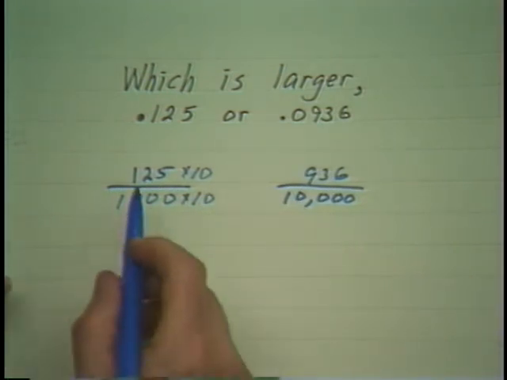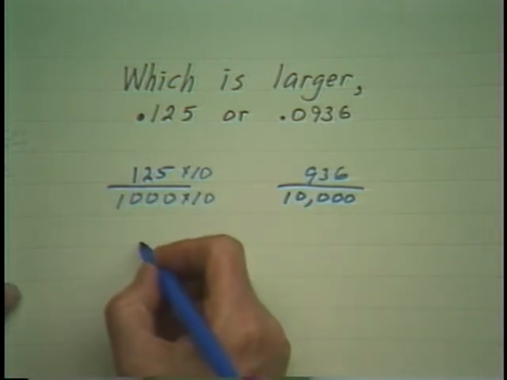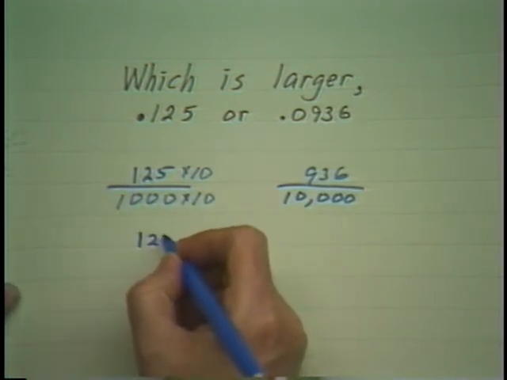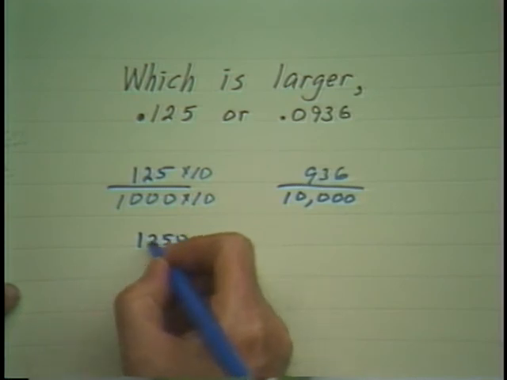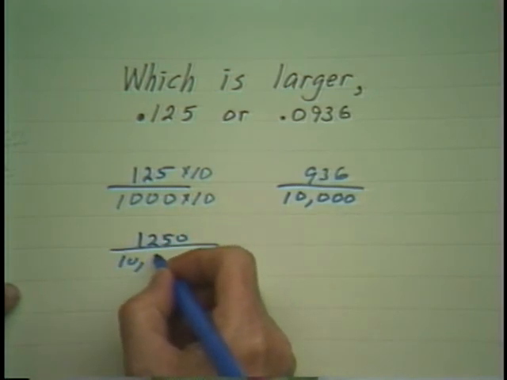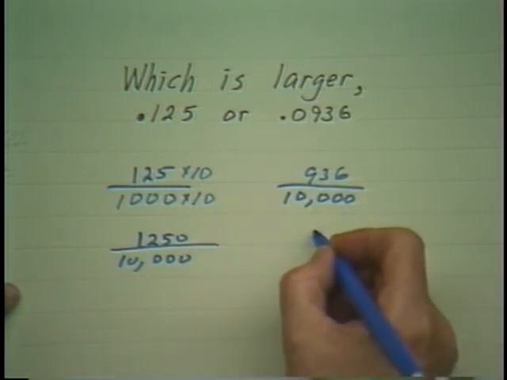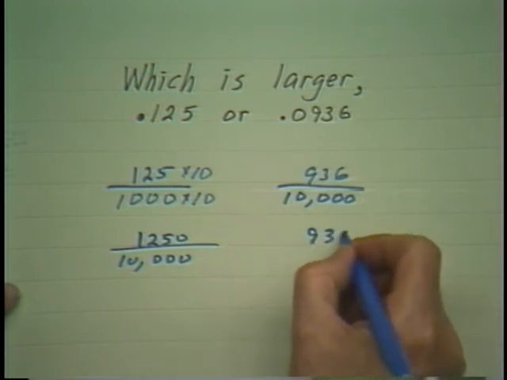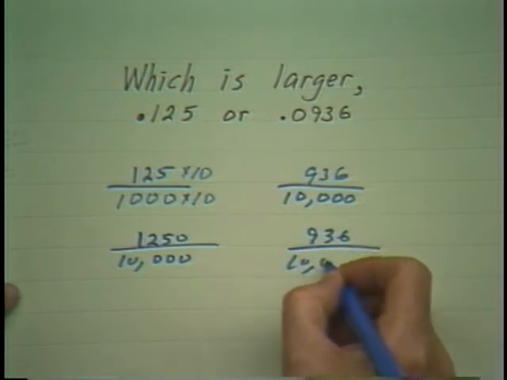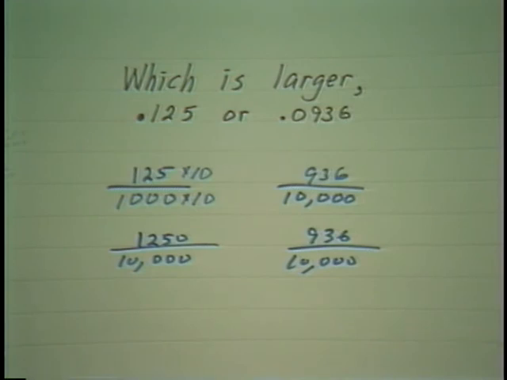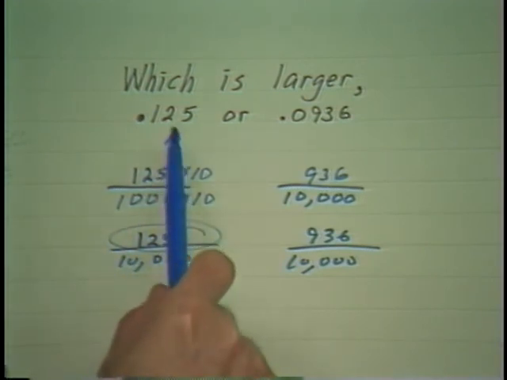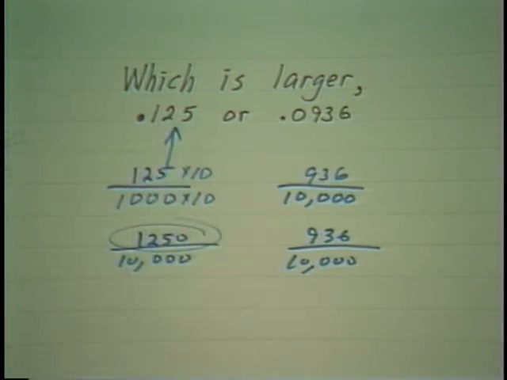But if I do that, this top has become 1,250 ten-thousandths, and this one, of course, still is 936 ten-thousandths. So in this form of having common denominators, it's quite obvious that this is the larger number.